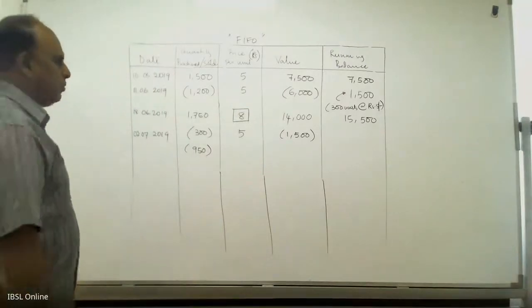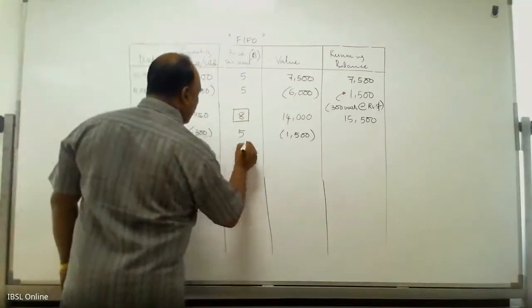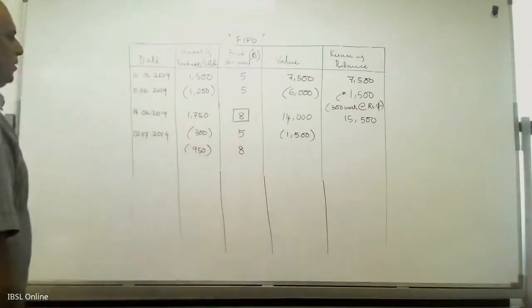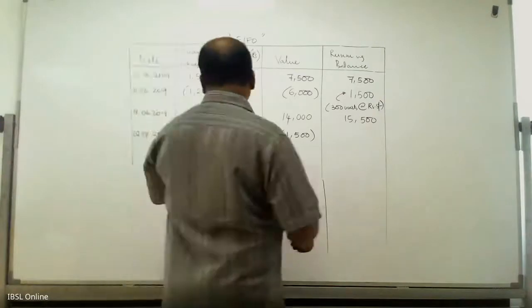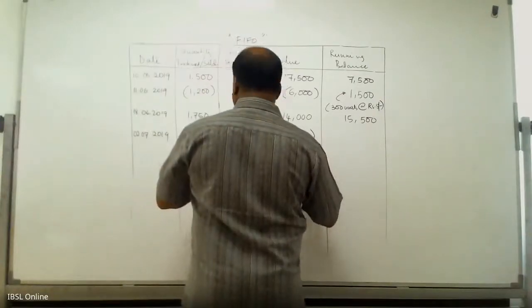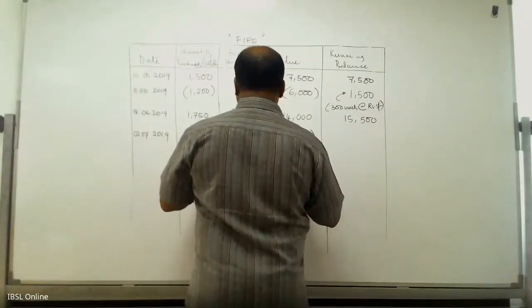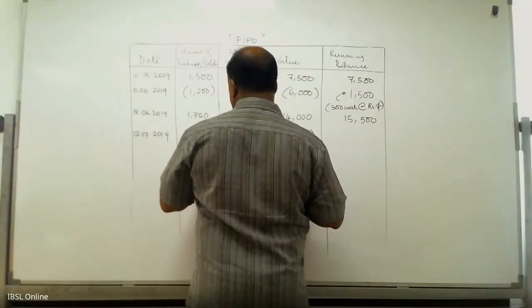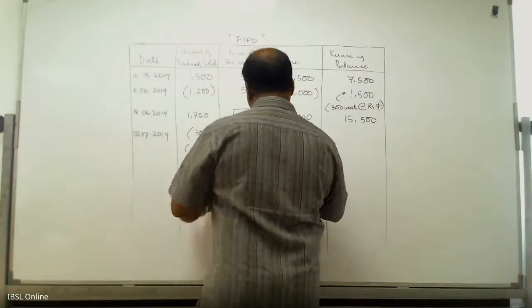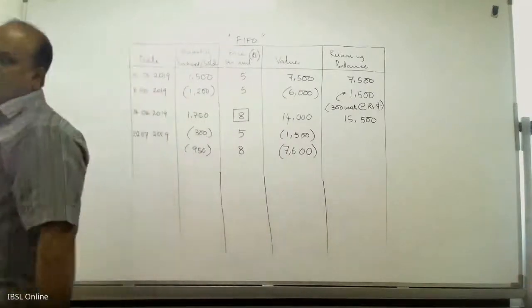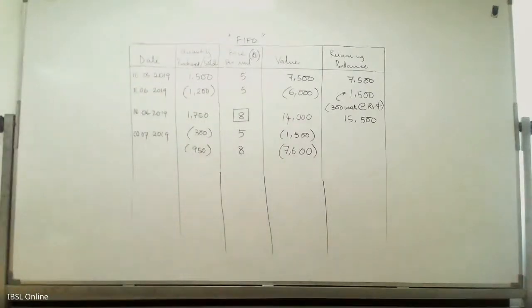So 950 into 8 is now 7,600. Just do the calculation.